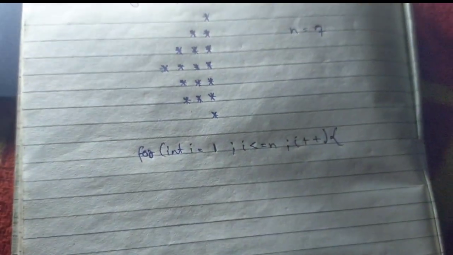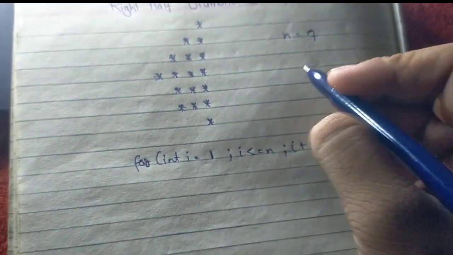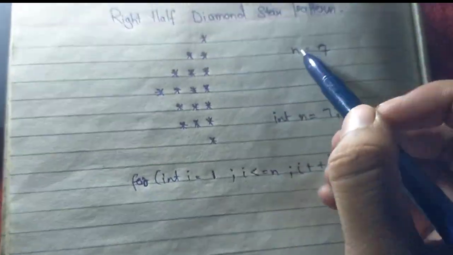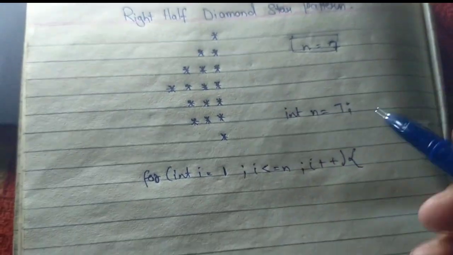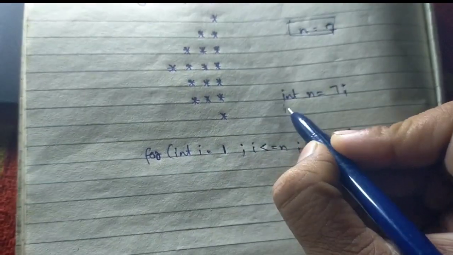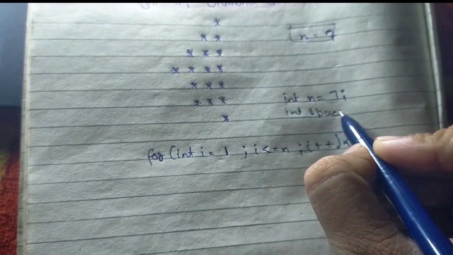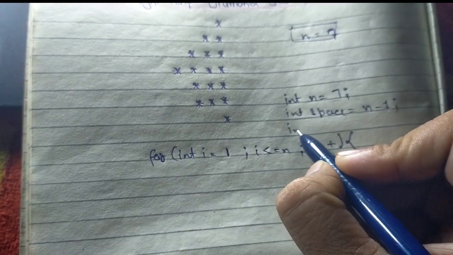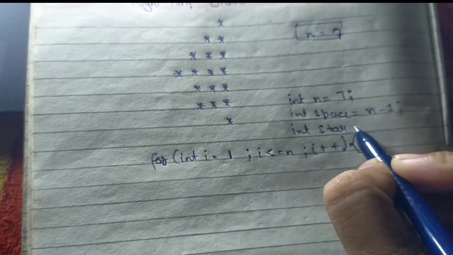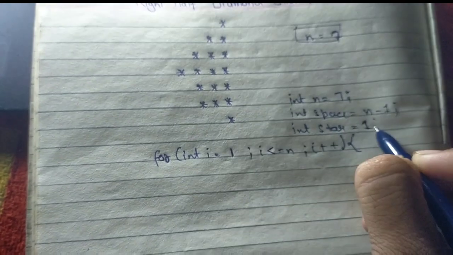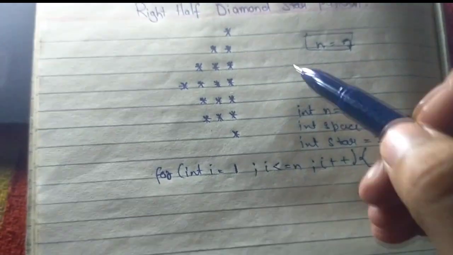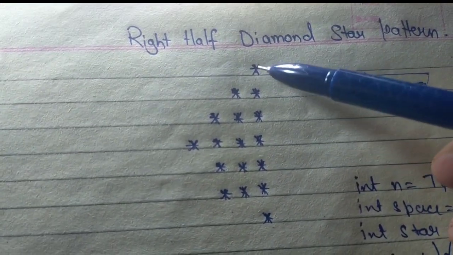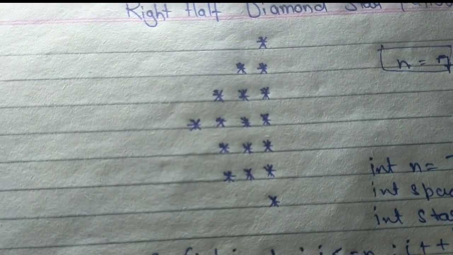In this, first of all, we define three things. First, int n equals 7, which is previously defined. After that, int space should be n minus 1. After that, int star equals 1. These are the initial values, because you see the star value should start from 1 and the space should be n minus 1.